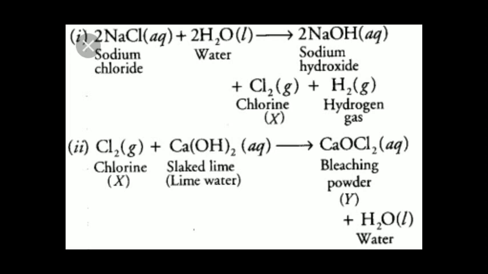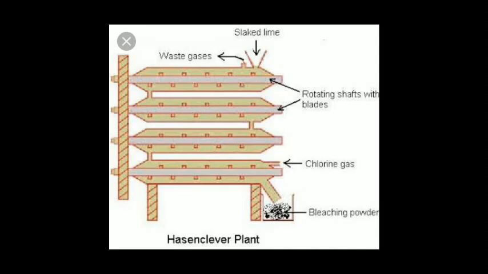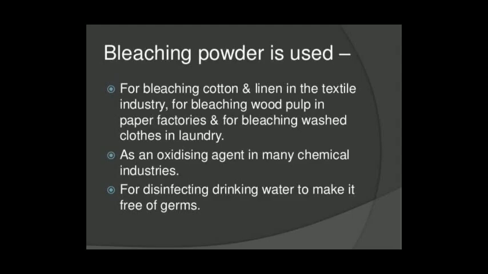The actual formula of calcium oxychloride is quite complex, so we are just representing the bleaching powder as CaOCl2. So in this way, on the large scale, slaked lime is treated with the chlorine gas to produce bleaching powder. Now let's see what are the uses of bleaching powder.